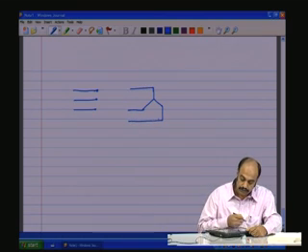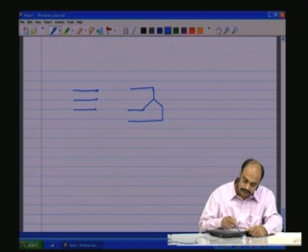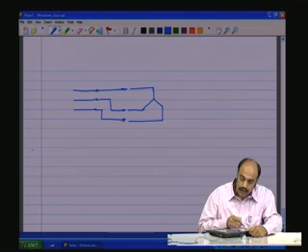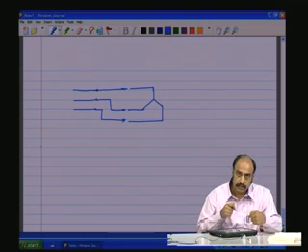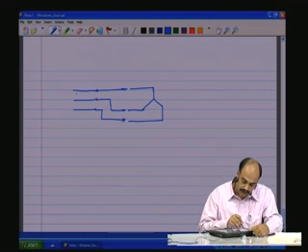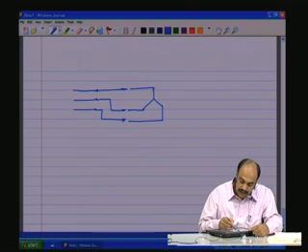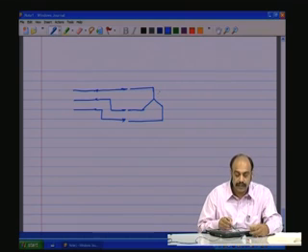When the motor is getting started up, we apply the motor windings in a star fashion, which means the phase voltages are reduced by √3 times.